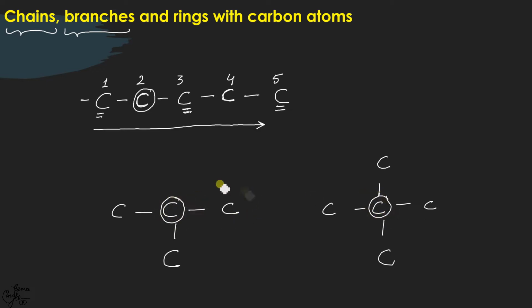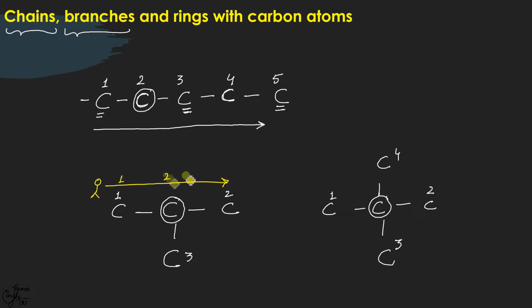If I have a compound in which a carbon is bonded to three or more carbon atoms, here 1, 2, 3, here 1, 2, 3 and 4, I say it is a branched carbon compound. Why so? I'm no longer moving in a straight line. Now suppose I am walking along a path. I'm just going like this.